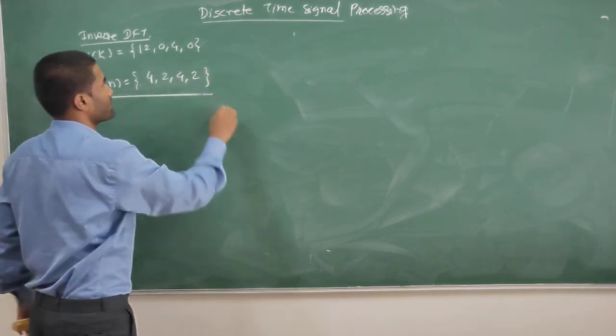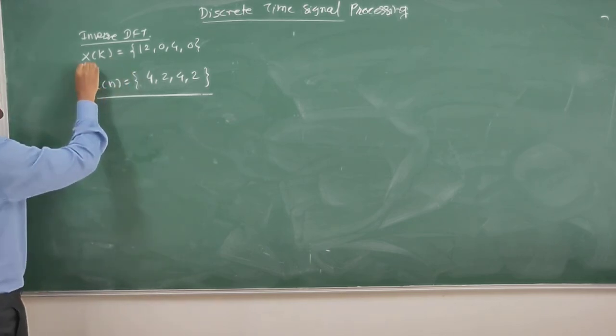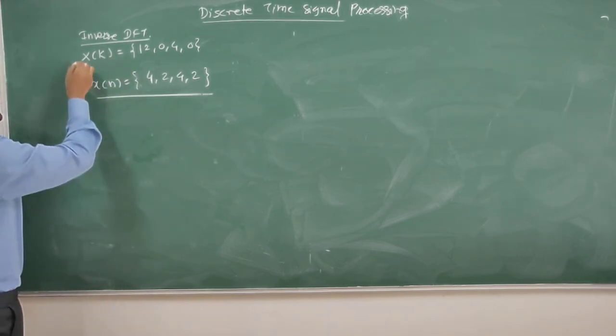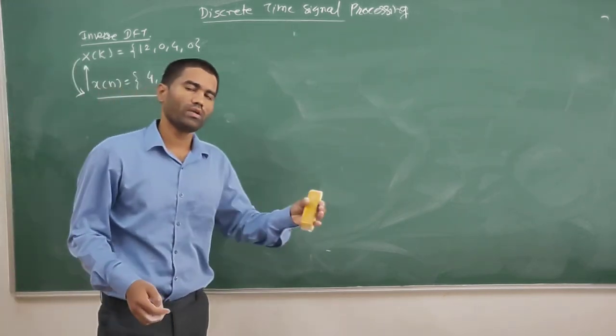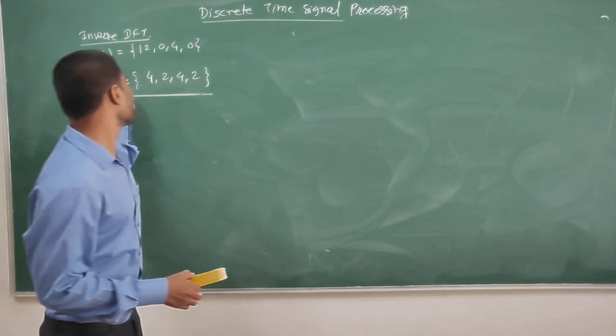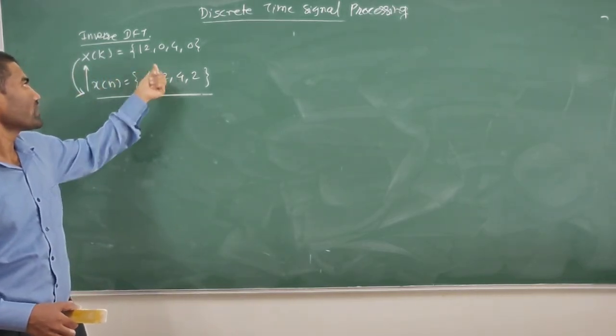This is the sequence of x of n. So if you are taking the DFT of this one, you are getting X of k over here. If you are taking IDFT, you are getting this sequence. So do it on your own. You take the DFT of this sequence, you are getting this one. Take the inverse DFT of this one, you are getting this.